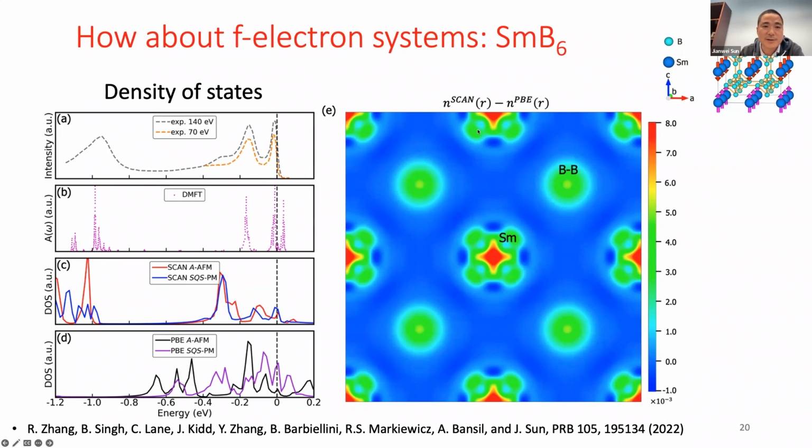I also show the electron density difference between SCAN and PBE, and you see the same localization, okay? And then the anisotropy of the electron density around the samarium atom. SCAN can give you a more anisotropic description of the electron density than PBE.